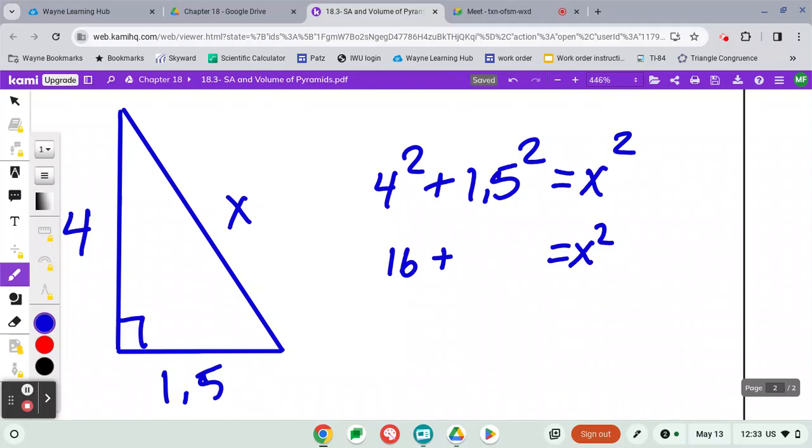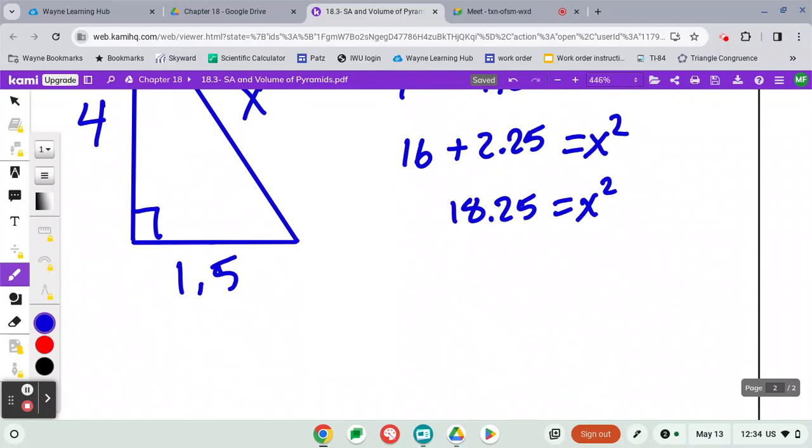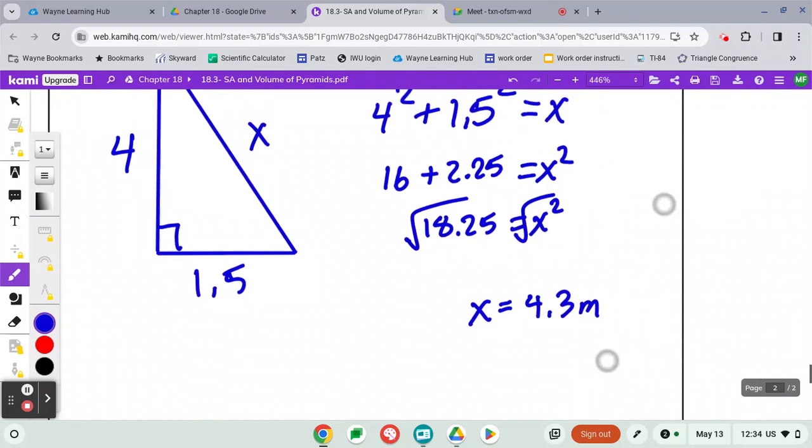What do we get? Okay. Almost done. Add them together. And now, what do we do to solve it? Take our square root. Yep. And what do we get? Yeah, 4.27. Technically, I said round to the nearest tenth, so 4.3, but you are correct. 4.27 is right. And our label, that's just a length, right? Slant height, so it's just meters.